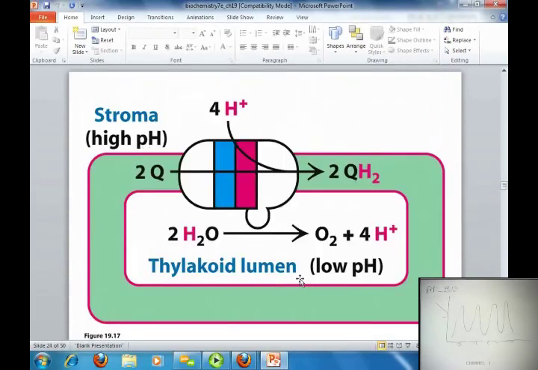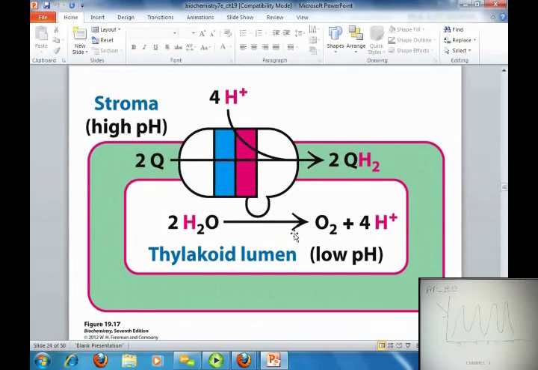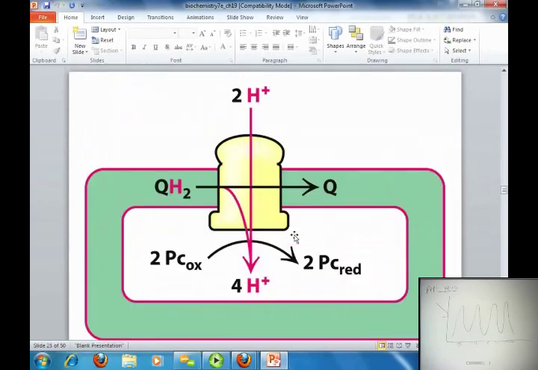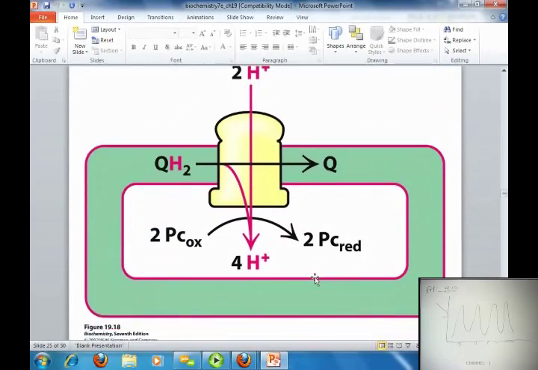Stroma, thylakoid lumen here, 2 H2O, oxygen, and 4 hydrogens. This is the quinone to quinol. Okay. The stroma space. You know what is stroma? The space in between, the center of the chloroplast. Okay. And then this is again the same one, the oxidation and reduction phenomena.